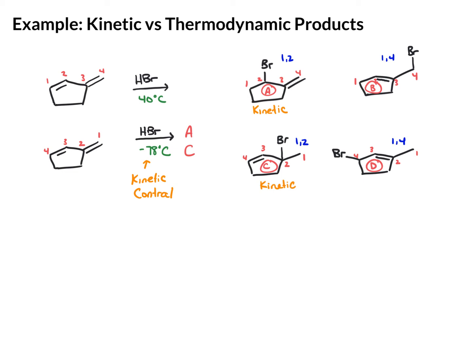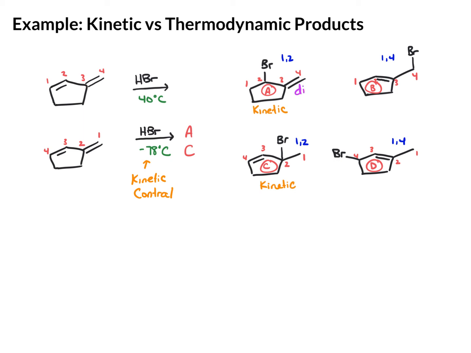Okay, now let's think about the thermodynamic products. And for thermodynamics, you're looking for the most substituted double bond possible. So here we want to go through and look at the double bonds. And we want to classify them. So in product A, the double bond has 2 carbon groups.